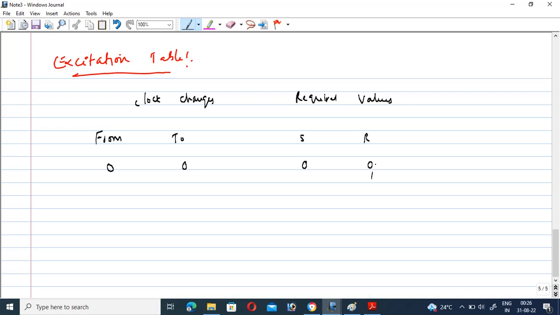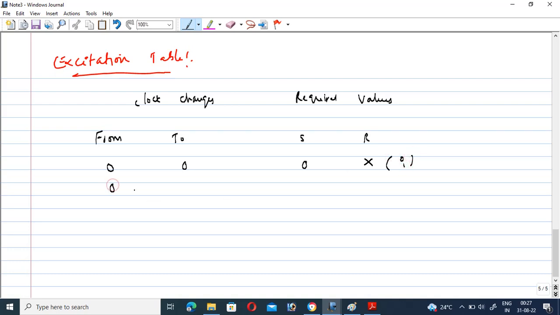So whether R value is 0 or 1, it maintains the same 0 value, that is generally called a memory state. So we can change that value to x because of don't care, whatever the value, it is acceptable for 0 and 1 condition also.